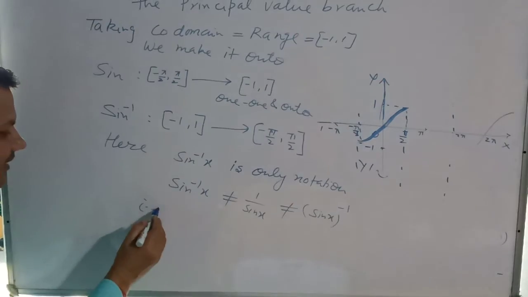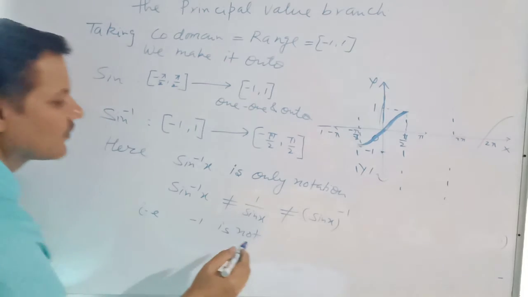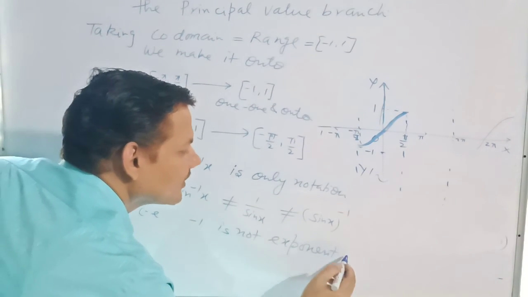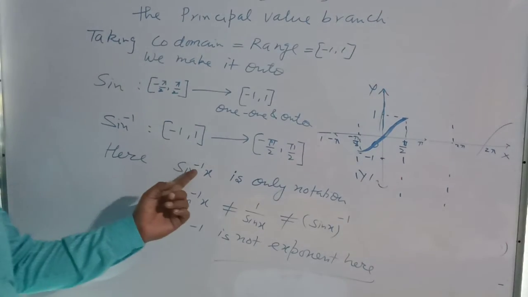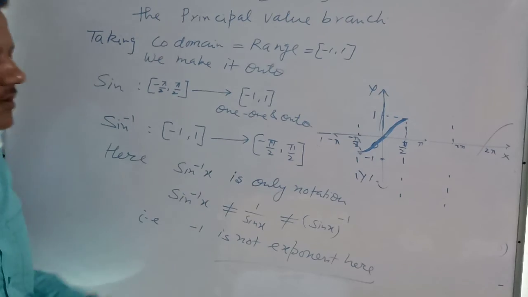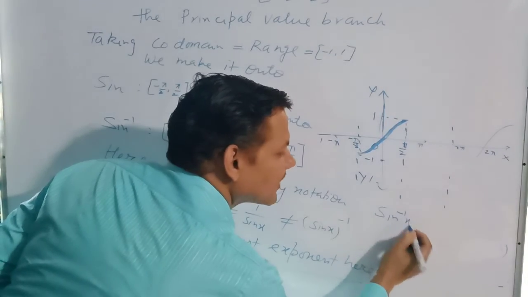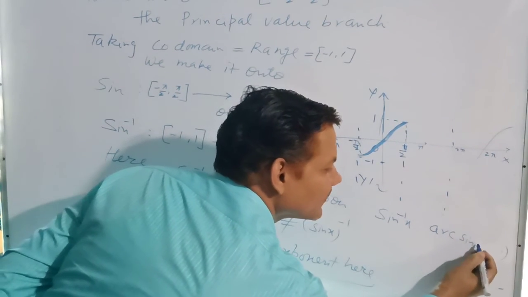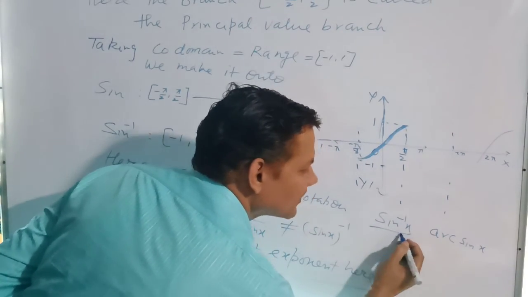That is, minus 1 is not an exponent here. It is only notation. Don't take minus 1 as an exponent. Sine inverse x is also written as arc sine x.